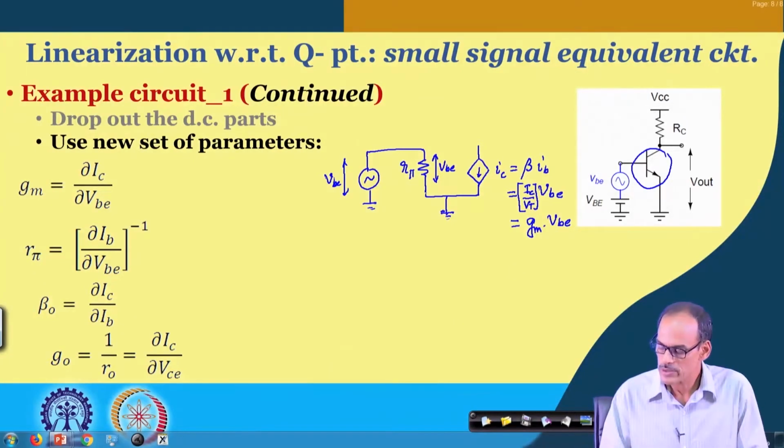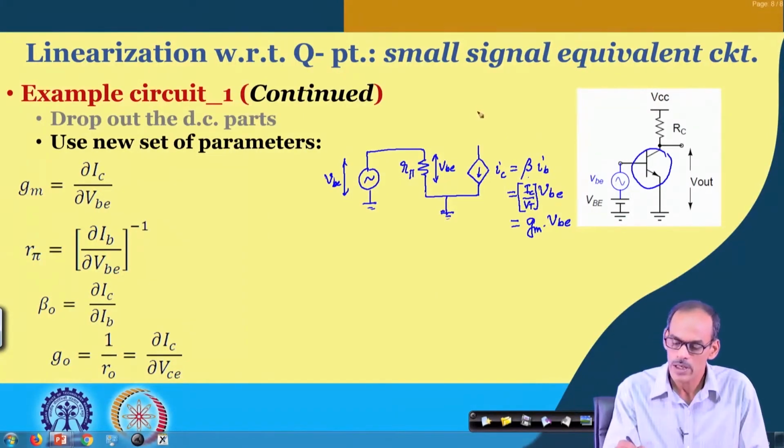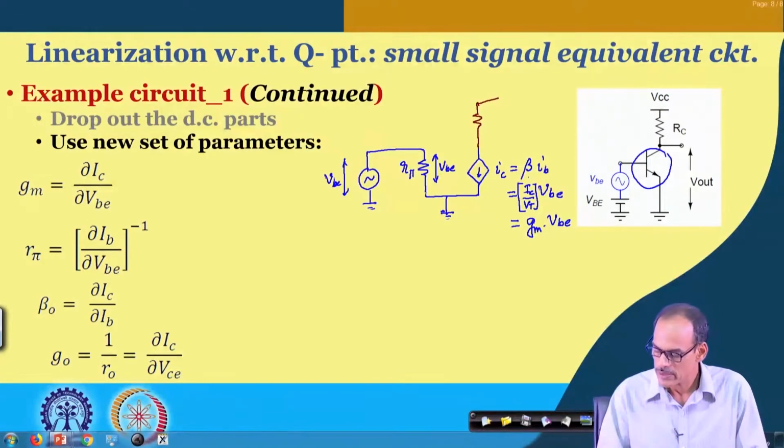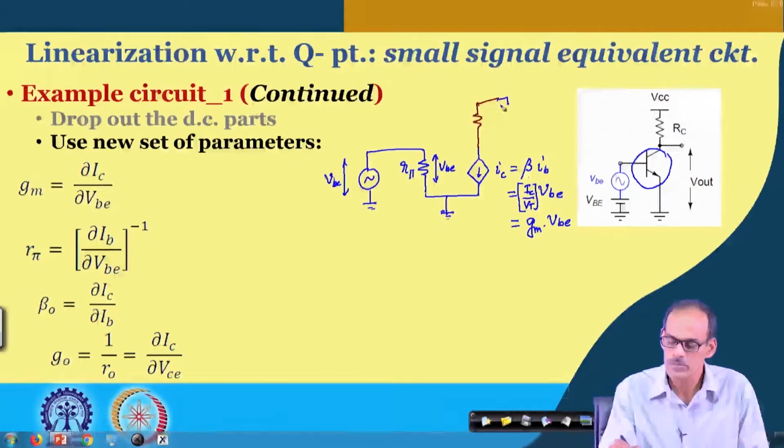Of course, we will come back to this point, and then we have the resistance R C, which is connected to AC ground, and then of course we obtain the voltage here.